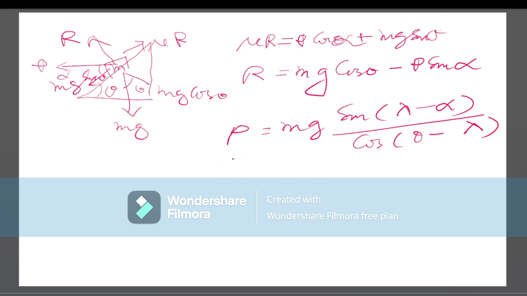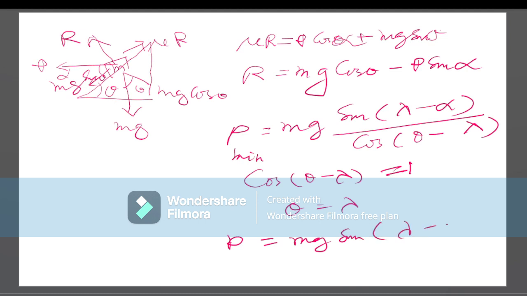Again, for minimum P, we can consider cos of theta minus lambda equal to 1, so simply theta equal to lambda. In that case, P minimum will be mg sine of lambda minus alpha. So these are the two cases where we can very easily calculate the minimum force required to pull the body up or down the inclined plane.